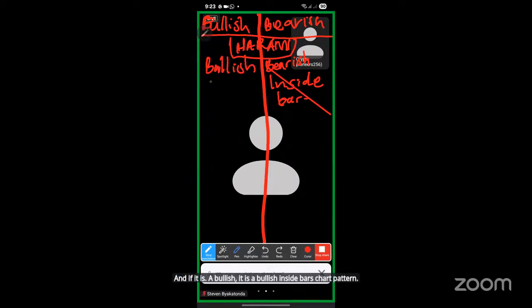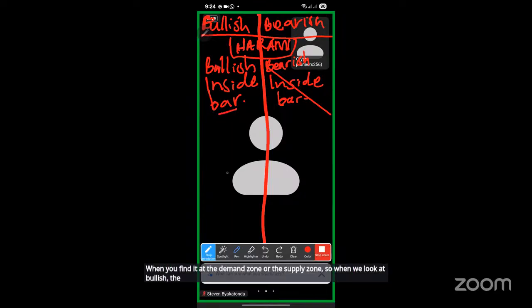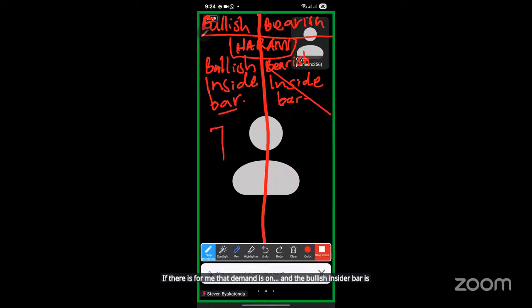The bullish inside bar chart pattern can work in two ways, depending on whether you find it at the demand zone or the supply zone. The bullish one is always formed at the demand zone.